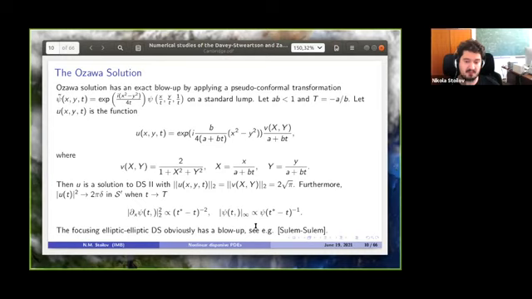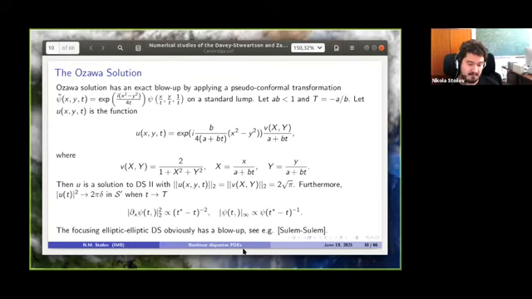Apply a pseudo-conformal transformation, and thanks to this transformation, we obtain a solution that explicitly blows up at one point in time, which can be set up by the parameters A and B. Because this is an analytic solution, it exists after the blow-up, which we cannot see numerically, but the analytic solution exists before the time of the blow-up and after the time of the blow-up.